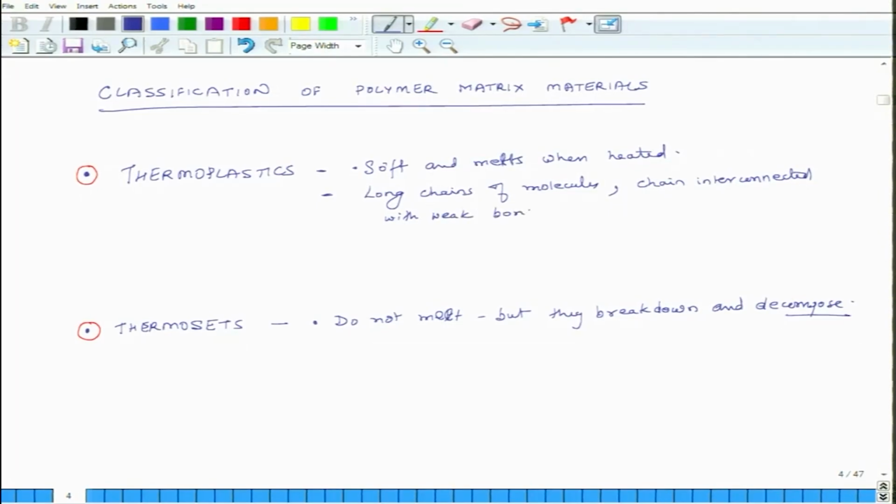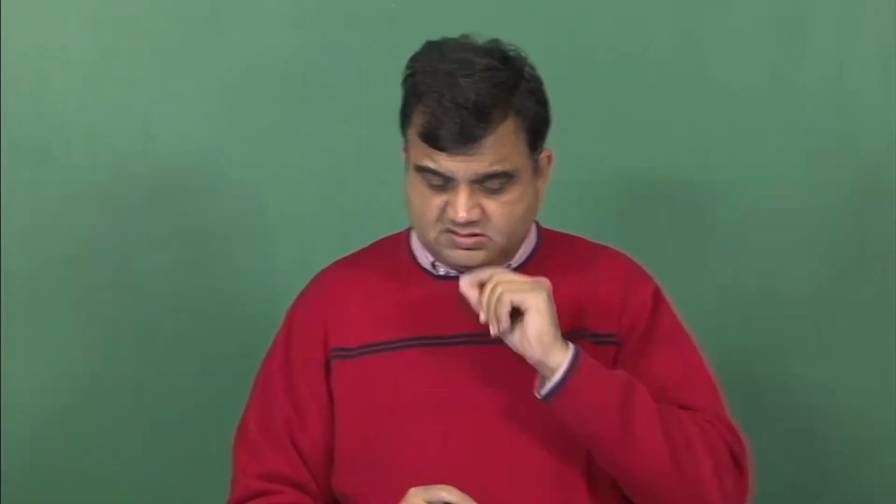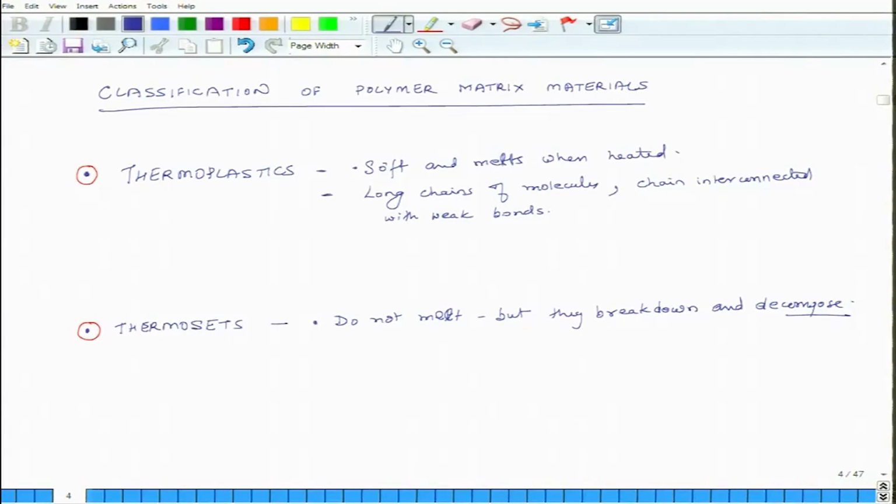Okay. So, the chain itself is strong, but then the bonds between two chains of molecules are weak bonds, hydrogen bonds. Okay, these are weak bonds.